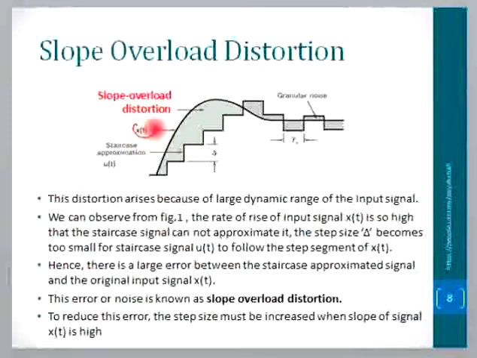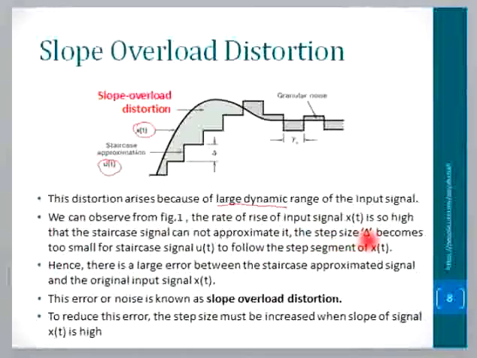For further explanation of slope overload distortion, we have x(t), the original signal, and then u(t), the staircase approximation. This distortion arises because of the large dynamic range in the input signal. So from here to another point, it has a large dynamic range. We can observe from the figure that the rate of rise of input signal x(t) is so high that the staircase signal cannot approximate it.